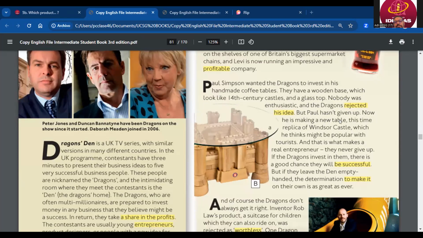Now he's making a new table, this time a replica of Windsor Castle, which he thinks might be popular with tourists. And that is what makes a real entrepreneur. They never give up. If the dragons invest in them, there is a good chance they will be successful. But if they leave the den empty-handed, the determination to make it on their own is as great as ever.